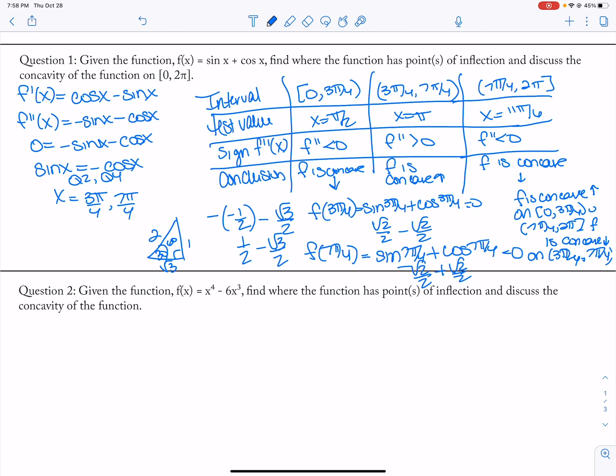And then f has points of inflection at (3 pi over 4, 0) and (7 pi over 4, 0). Okay? All right.